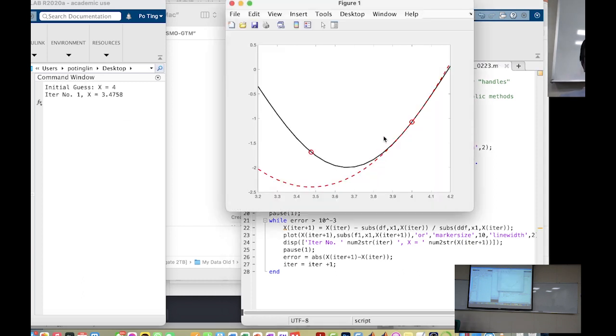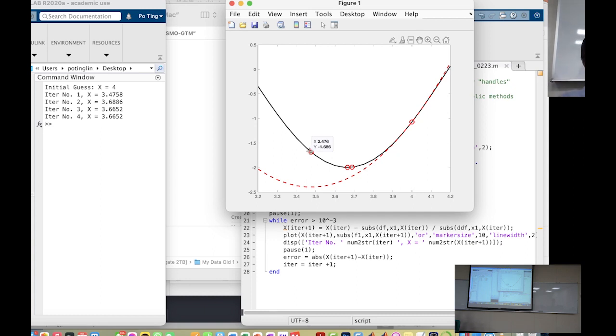So from here, this is our initial guess. And the first second order Taylor expansion gives me this second order approximation. And Newton's method gives you the minimum point of the Taylor expansion. That's why this point was my solution at the beginning, in the first iteration.